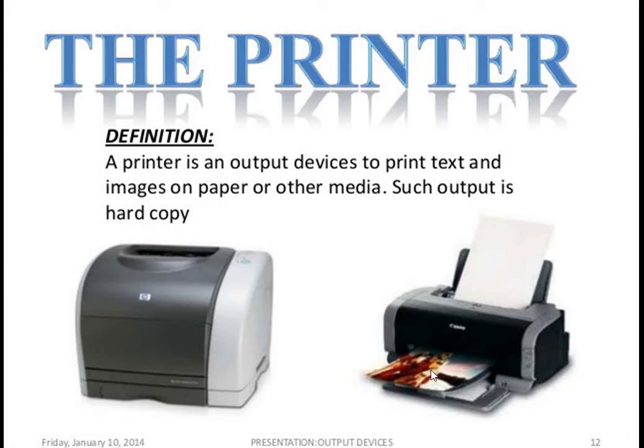Here you can see it is giving a print on a paper, and this paper will be known as hard copy. The monitor presents its outcome in the form of soft copy, and the printer presents its outcome in the form of hard copy. Hope you have understood the meaning of the monitor and the printer and its function also.